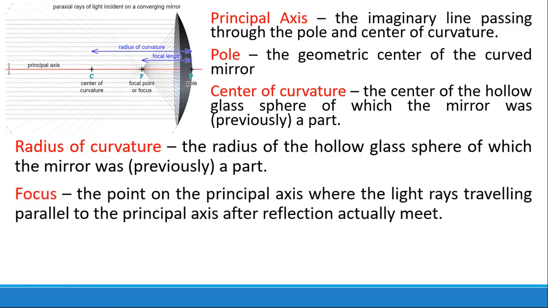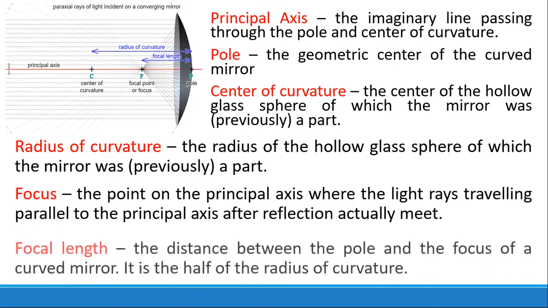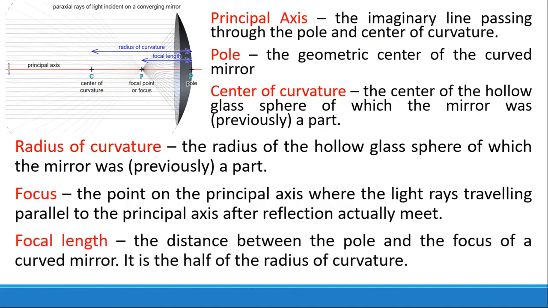The focus is the point on the principal axis where light rays traveling parallel to the principal axis actually meet after reflection. And the focal length is the distance between the pole and the focus of the curved mirror. It is half of the radius of curvature of the mirror.